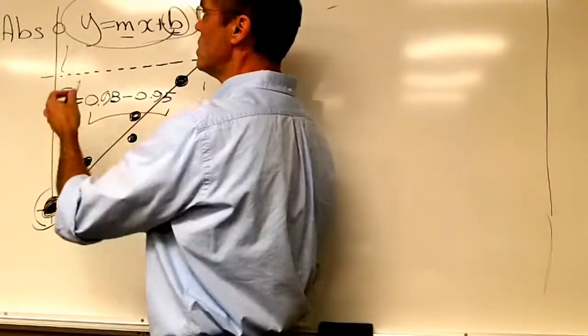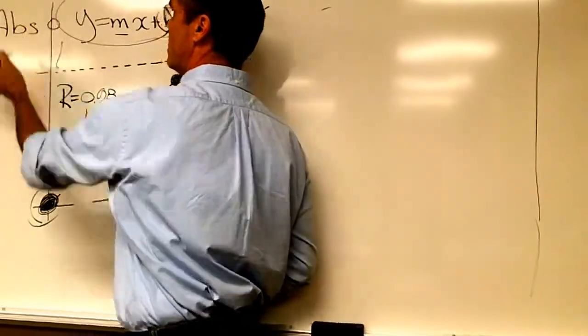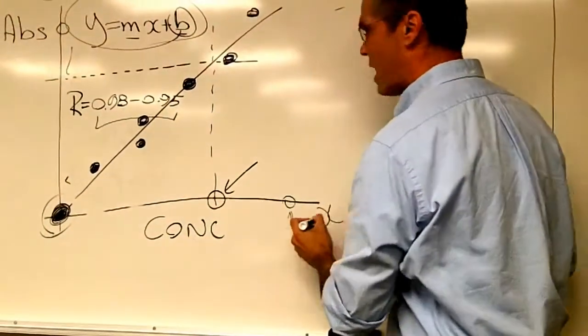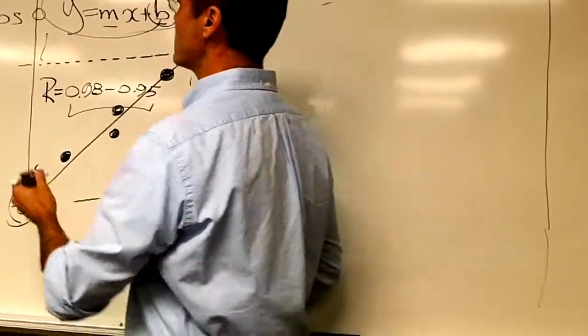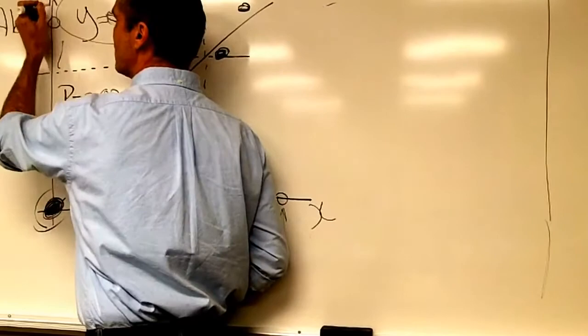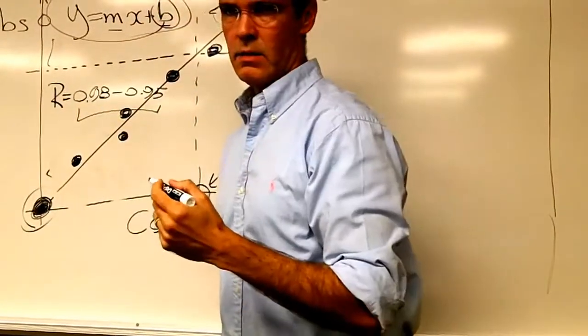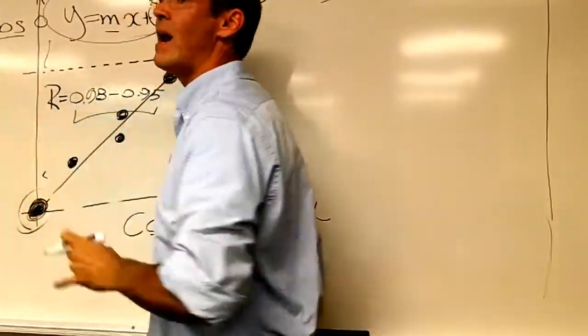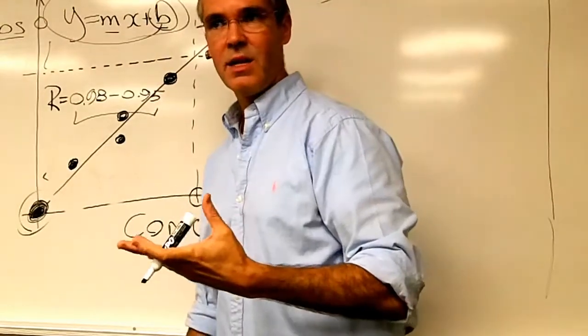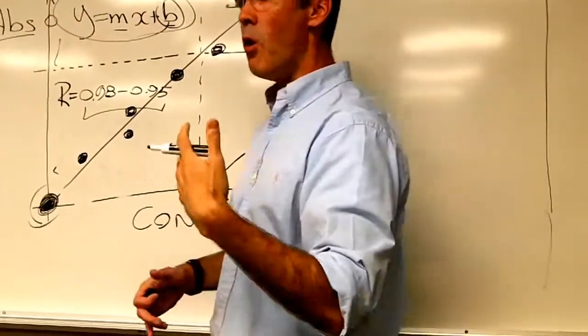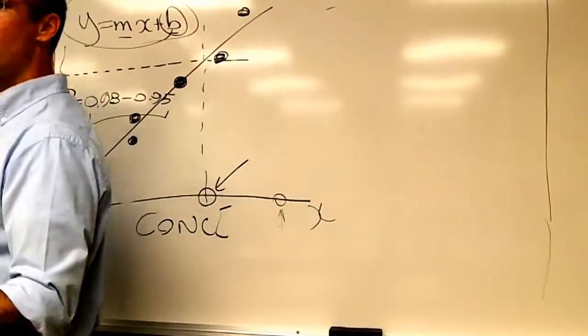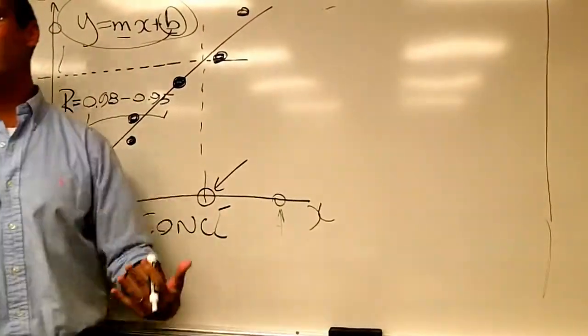That's how you're going to decide which one is X and which one is Y. That's very important. The other thing is that axes always have units. Absorbance does not have units, so you're lucky, right? But concentration would have units. It could be moles per liter, micrograms per mL, grams per liter, it can be anything.